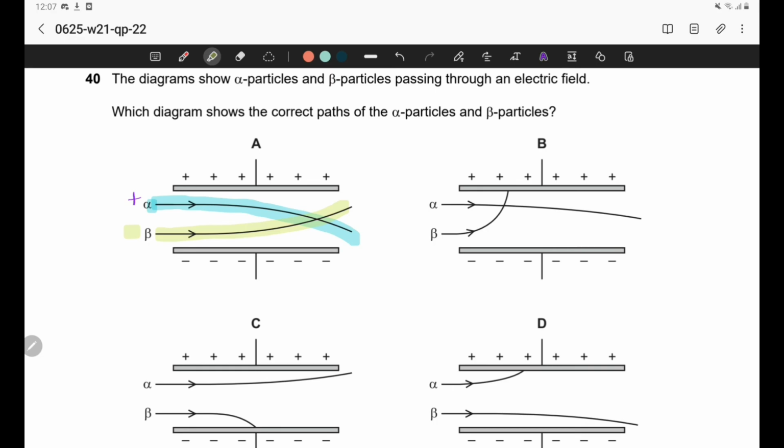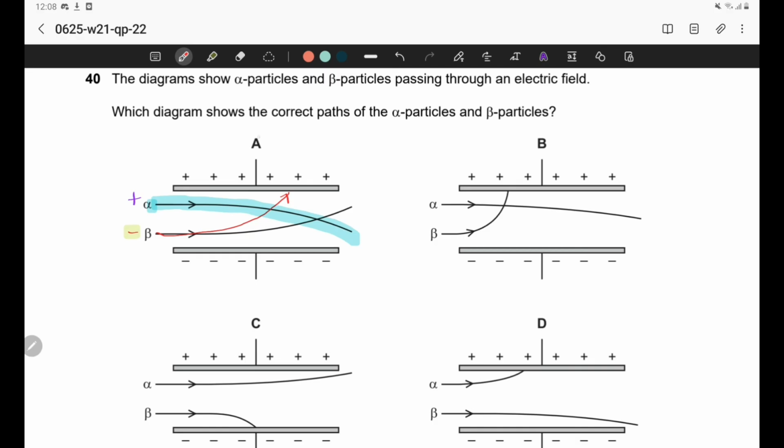But here you can see the bending of the alpha particle and beta particle is the same amount, which is not possible. The beta particle will deviate more to the positive side as it is not as heavy as the alpha particle. Therefore, the path deviation is not correct for the given beta particle.